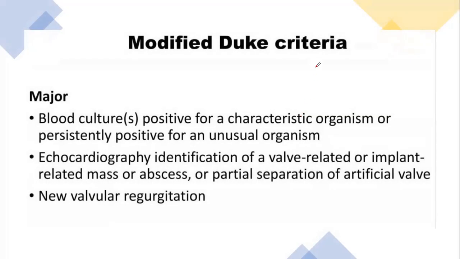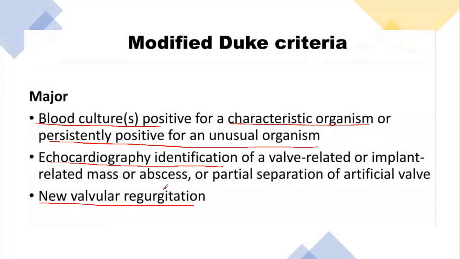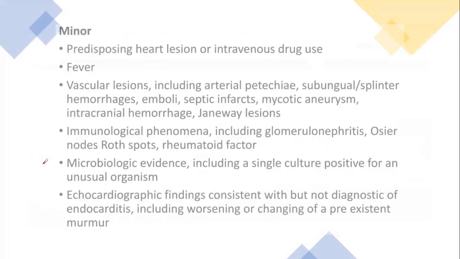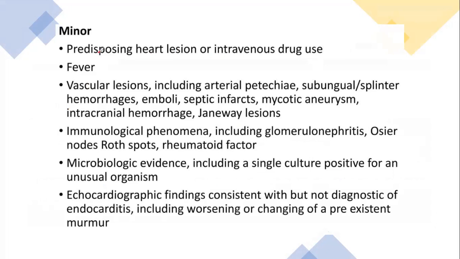Now, Duke's criteria has major criteria, minor criteria, and pathologic criteria. The major criteria are blood culture positive for the characteristic organism or persistently positive for an unusual organism, and echocardiography identification of a valve-related or implanted mass or abscess or partial separation of artificial valve, or a new valvular regurgitation. So these are the major criteria, and we have very many minor, which I won't discuss all. In the minor, you have a fever, predisposing heart lesion or intravenous drug abuse.